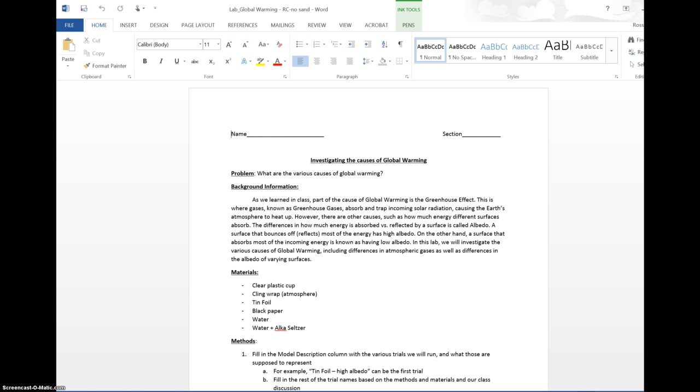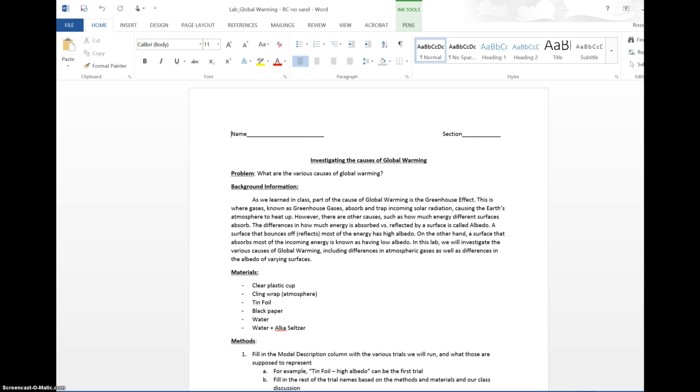One of those reasons is the surface of the Earth itself and albedo. We'll get into what that means in just a minute. But basically, this lab is to investigate all of the possible reasons and to come to some conclusions about why global warming is occurring and what we can tell from that, and make some relations between the lab and the larger world around us.